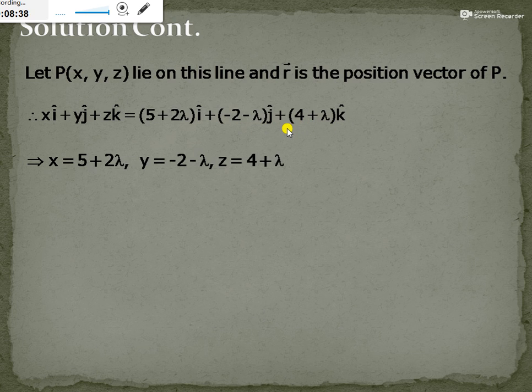Now we compare both sides. x equals 5 plus 2 lambda, y equals minus 2 minus lambda, and z equals 4 plus lambda. Therefore we can write this as (x minus 5) by 2. Calculate the value of lambda. Okay, from here also calculate the value of lambda, we get (y plus 2) by minus 1, and from here calculating lambda we get z minus 4. Is it clear? This is the Cartesian form.